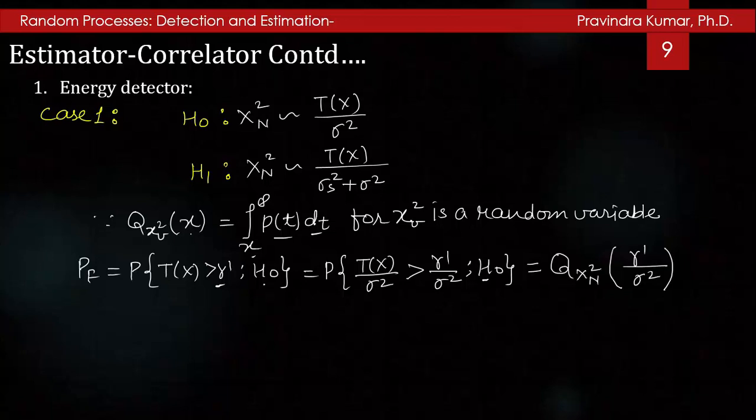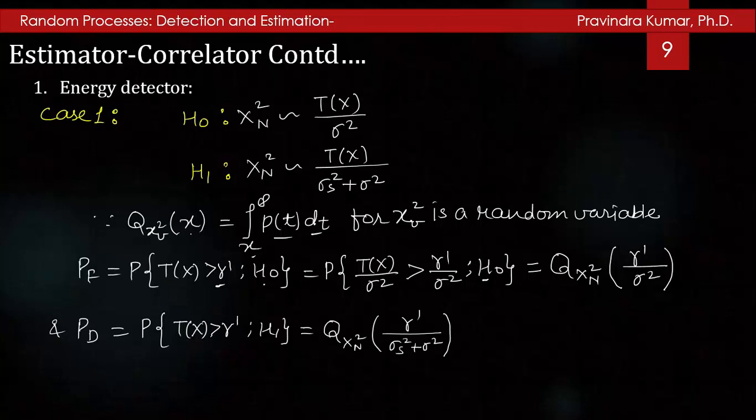So it will be Q function of gamma dash by sigma square, and the probability of detection, the probability of test statistic greater than gamma dash under hypothesis H1, will be Q function of gamma dash by sigma square divided by (sigma s square by sigma square plus 1).